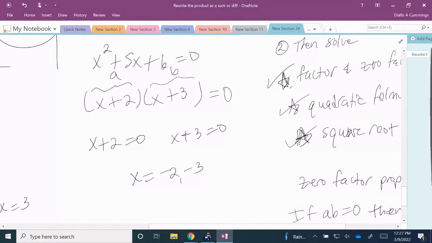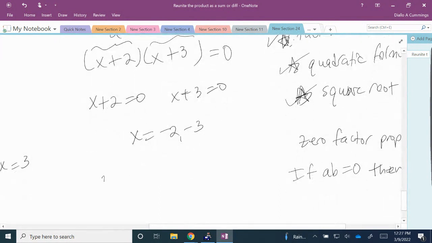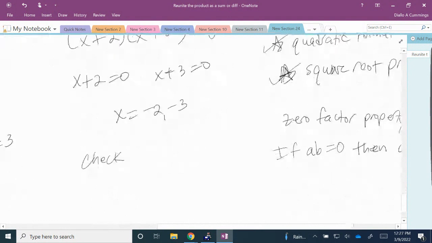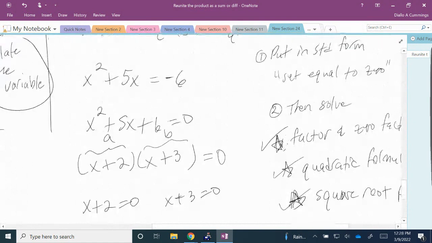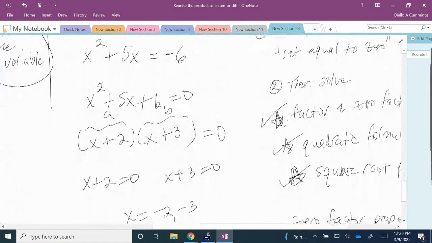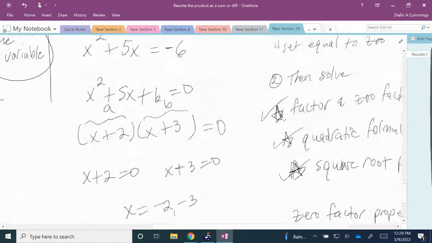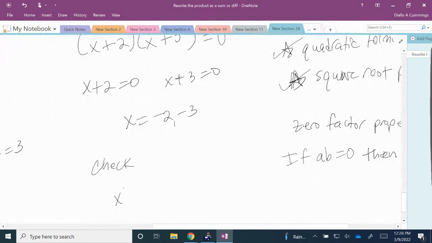Here again, you can check your solutions. In order to check, we can only check one solution at a time. So we're going to go back to our original equation. x squared plus 5x is equal to -6. We're going to substitute in -2 for x.